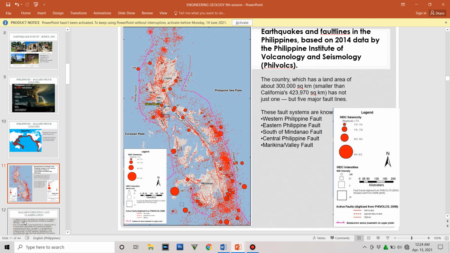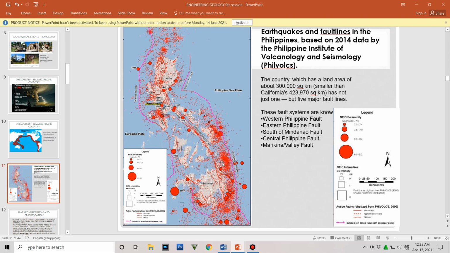So the smallest red dots are magnitudes less than 7.0. Okay? So kung titignan natin, tad-tad yan ng red lines or red dots. So the largest dot is around 8.5 to 9.0. Okay? So again, tad-tad pa rin yan. Napakaraming earthquake occurring in a year.